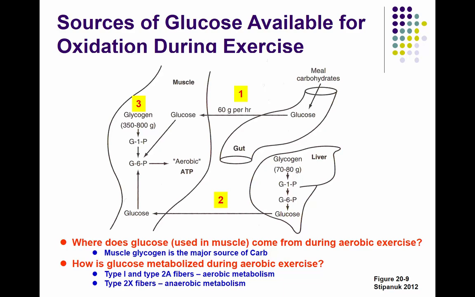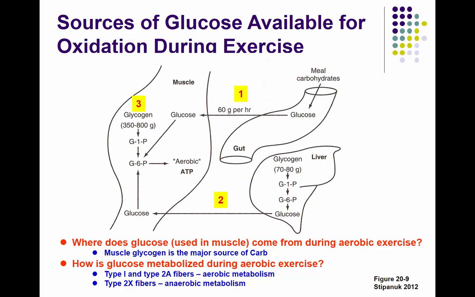And the most important source of glucose is the glycogen, muscle glycogen, right? So muscle stores about 350 to 800 grams of glycogen that can be broken down and utilized for ATP production, right?